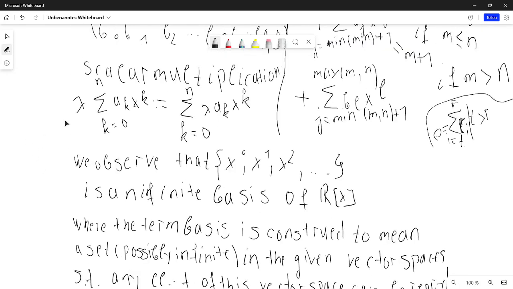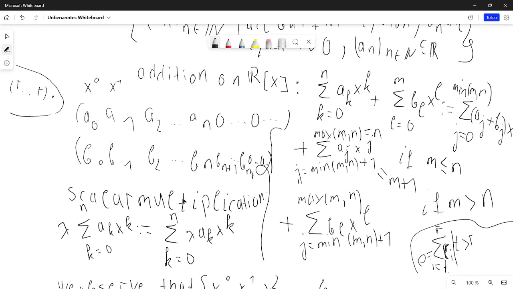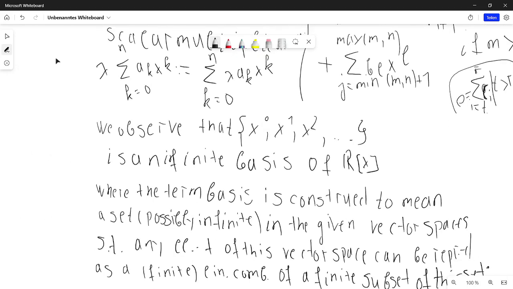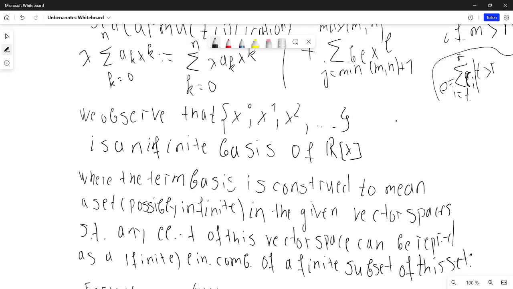If you want to check that it is a basis, the corresponding thing in the other representation would be the infinite sequences 1, 0, 0, and all zeros, then 0, 1, 0, 0, and you would continue this. You could use this representation and check that.